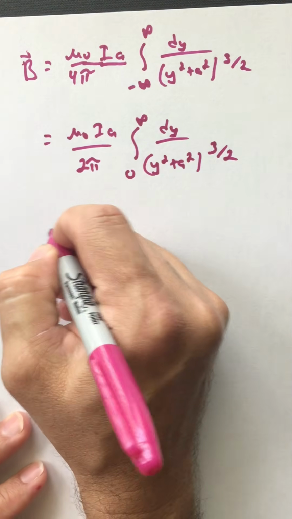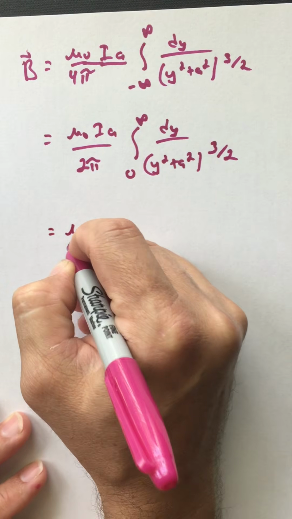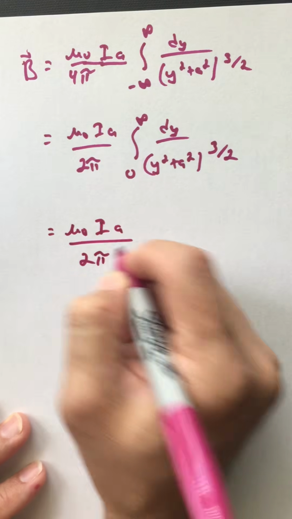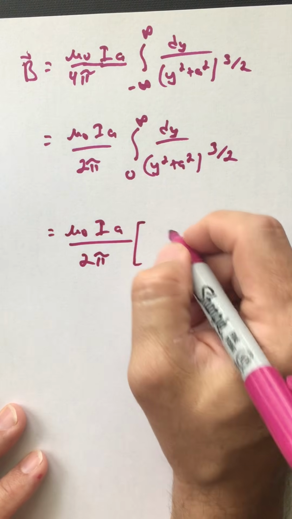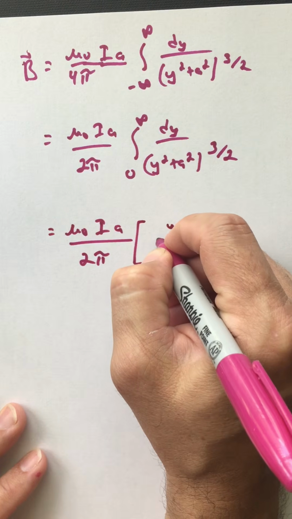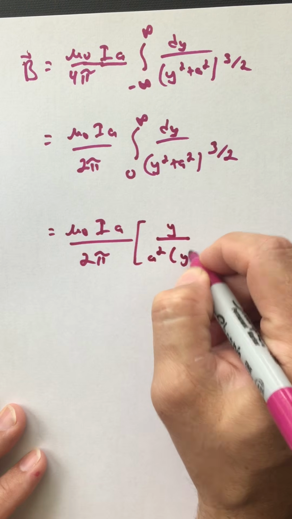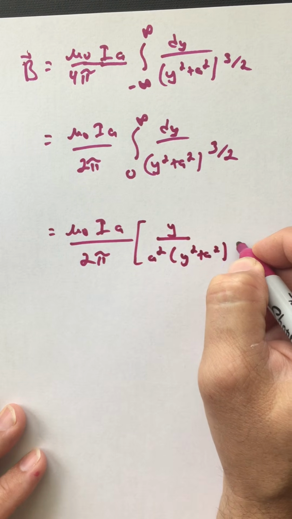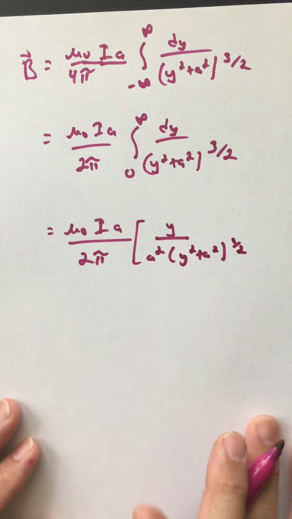If I look this up in a table, or evaluate it explicitly if you so desire, I'm going to get mu naught I a over 2 pi times, this evaluates as y over a squared times the square root of y squared plus a squared. Make sure I'm not out of frame.